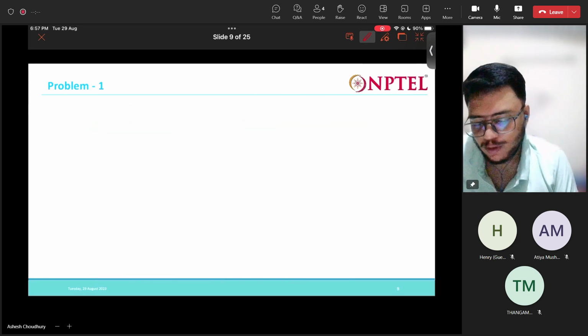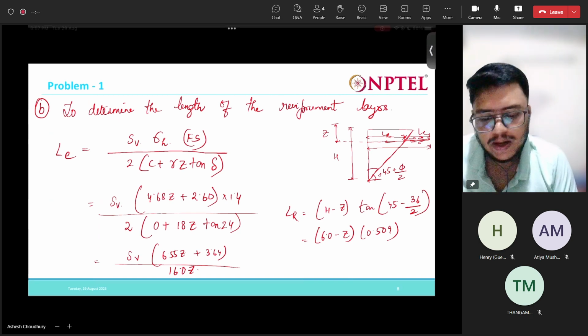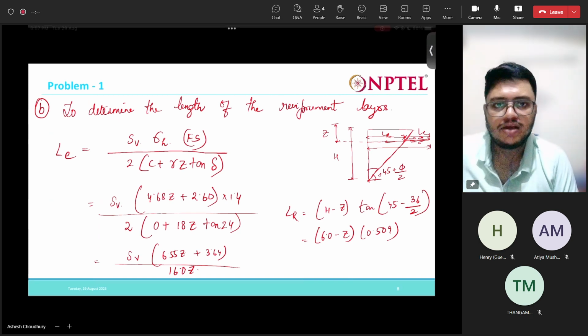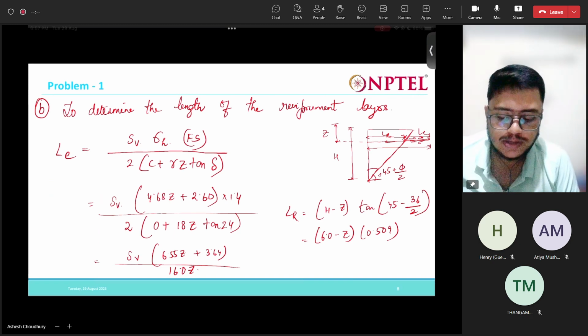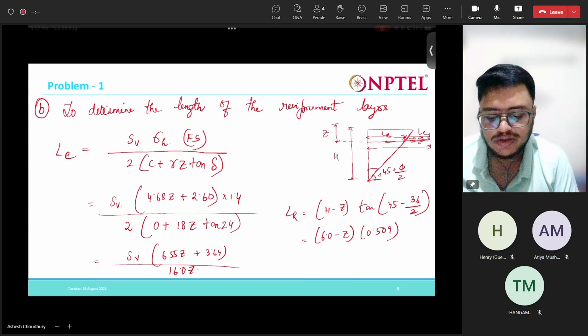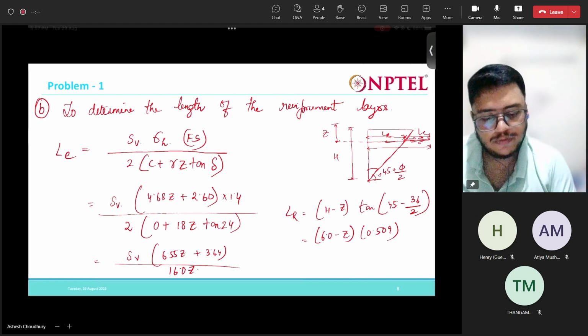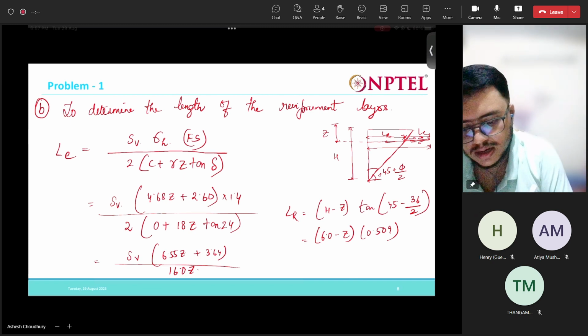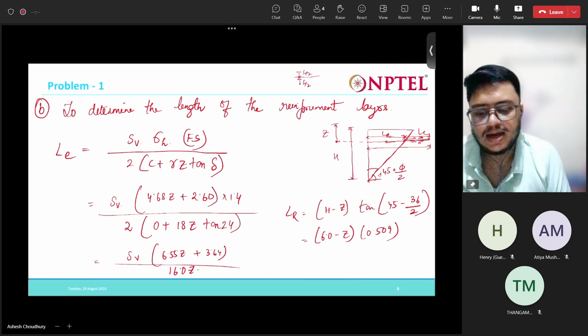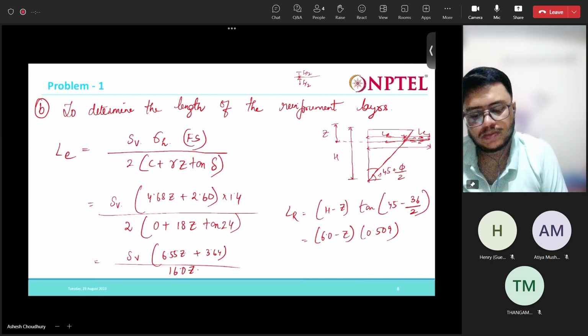And one more thing: why are we taking this to calculate the load on each reinforcement layer? Why are we multiplying this SV with sigma h? If you recall from the lectures, say this is the reinforcement layer, so half above and half below, this much layer of soil will be contributing.